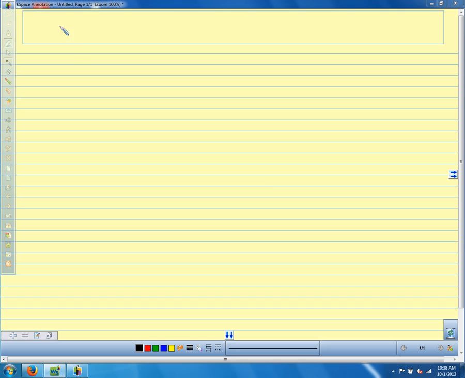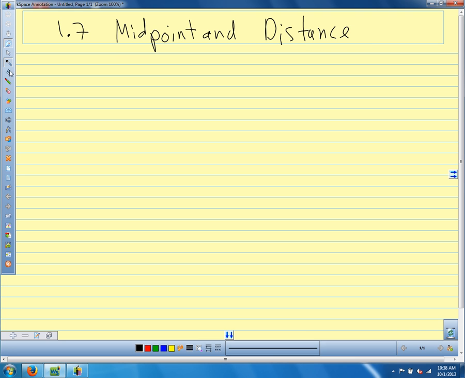In 1.7, we're talking about midpoint and distance. So mostly so far we've used the things we've done with geometry.